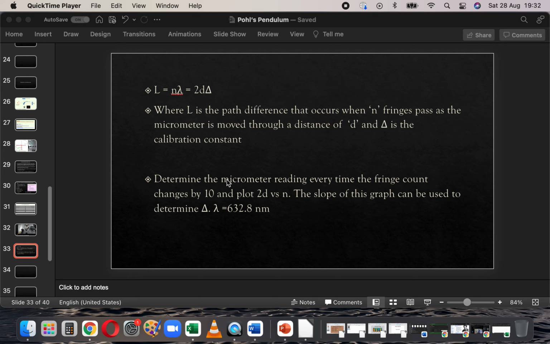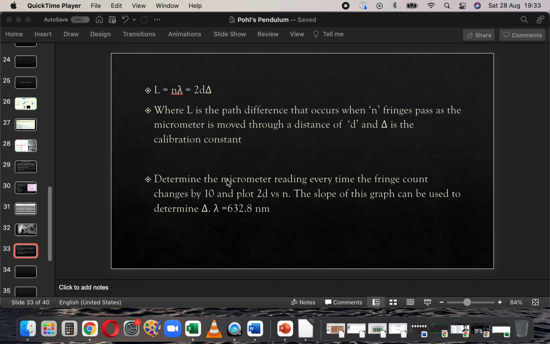When the mirror is moved by a distance d, then 2d is the path difference, because the beam goes in one direction to the mirror and retraces back upon reflection. So for a given change in distance of the mirror by d, the path difference is 2d, and that has to be n lambda for n fringes to shift.